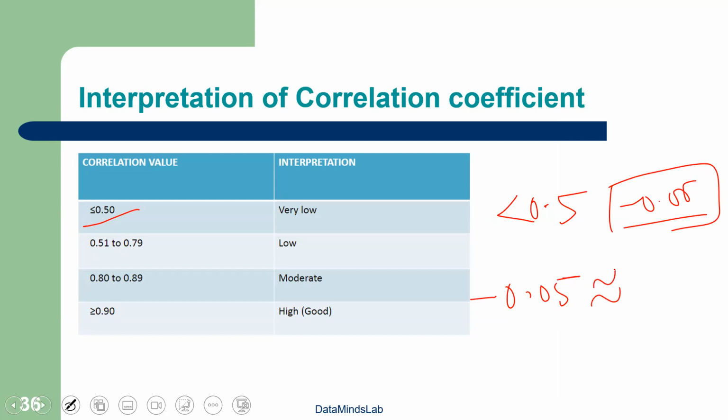If I truncate this value, it will automatically be 0, because there will be no correlation at all, as all the points are very much scattered. There is no glimpse of a correlation existing there, whether positive or negative. And if there is a high correlation, then that is good.